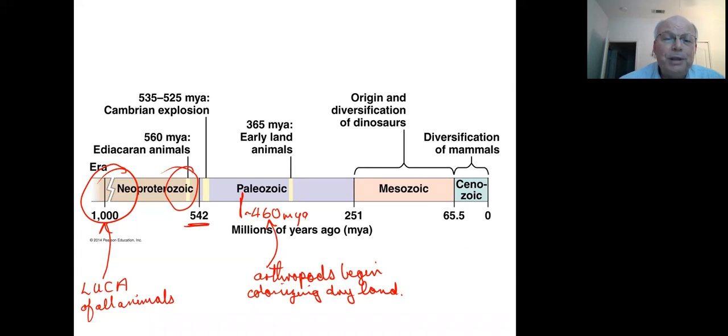And so once plants colonize land, and remember from the plant chapters, we know that plants started to colonize land approximately 470 million years ago, probably a little bit earlier than that, because we have the first of what we think are plant fossils around 470 million years ago. So insects, or arthropods, are not really going to start to colonize dry land until there's food resources in the form of plants.